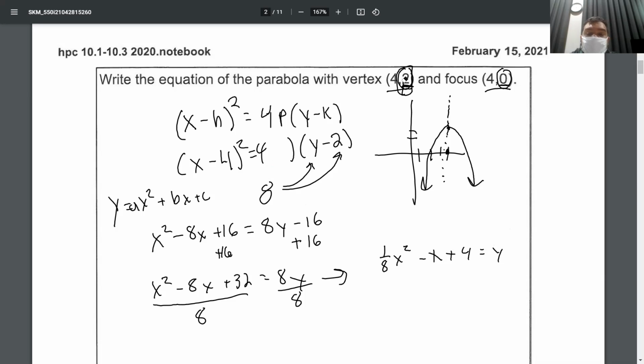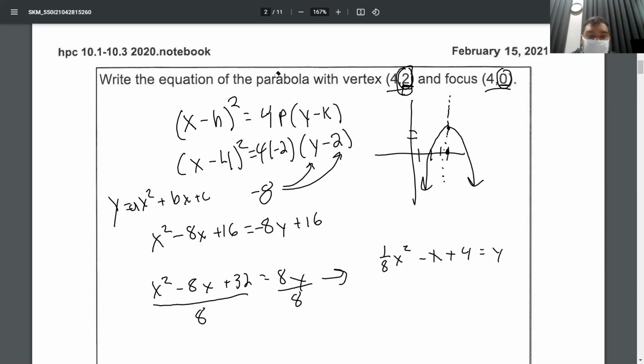So here, the vertex is 4, 2, and the focus is 4, 0. What is the motion I did from the vertex to the focus? I went down 2. So my P should not be positive 2, but negative 2, and that will cause everything to be negative.